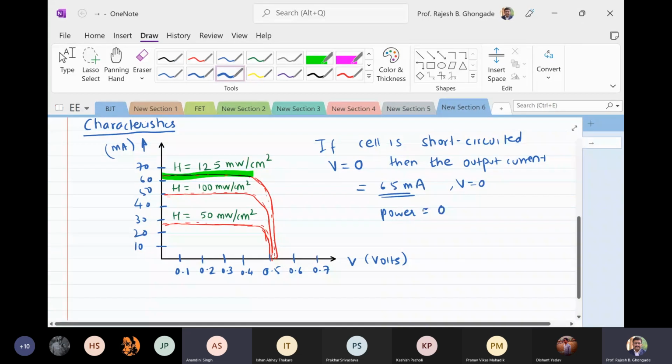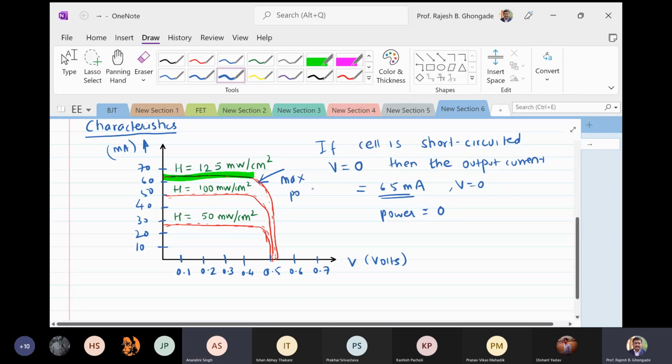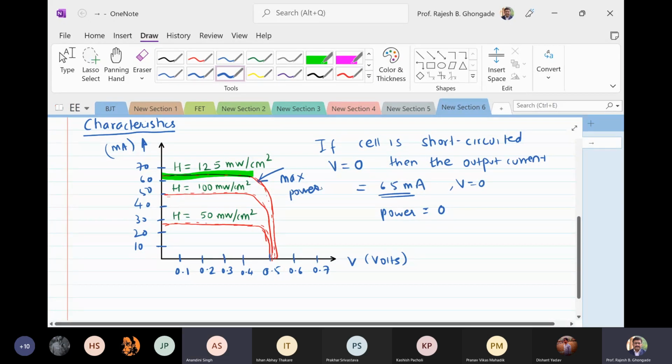So there is a specific point where maximum power is delivered. At this point, for example, the voltage across it is nearly 0.55 volts, and it is supplying current also. So I have to always make sure to operate it at the maximum power point.